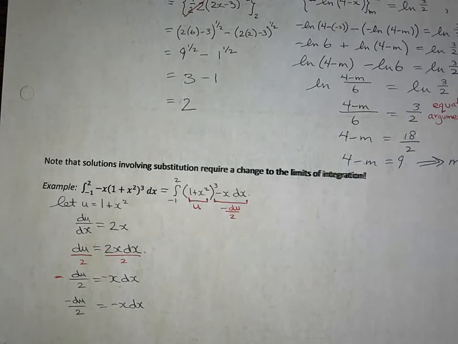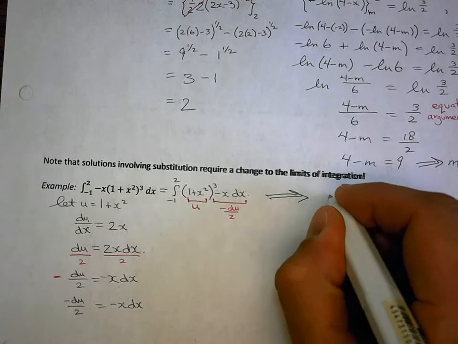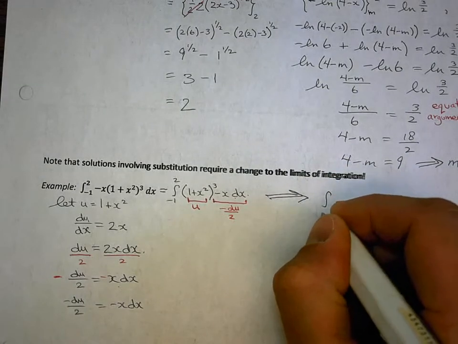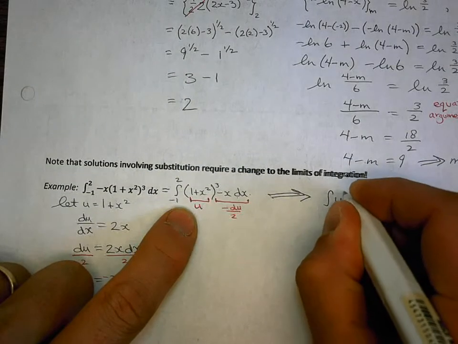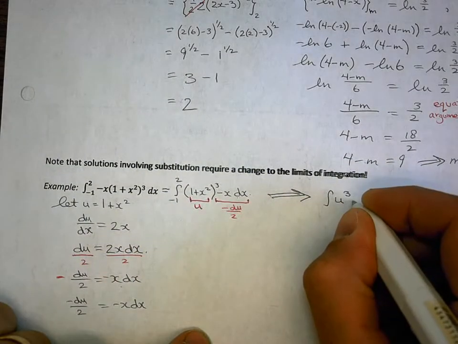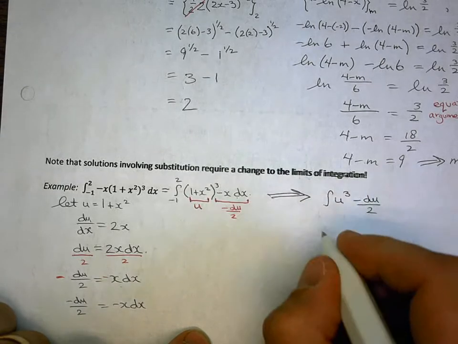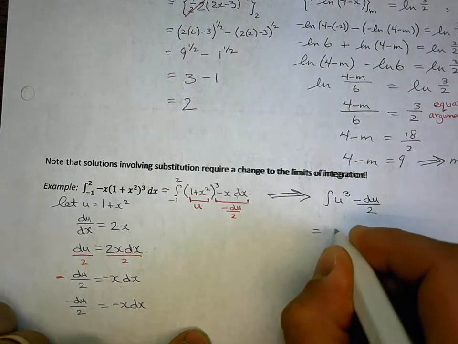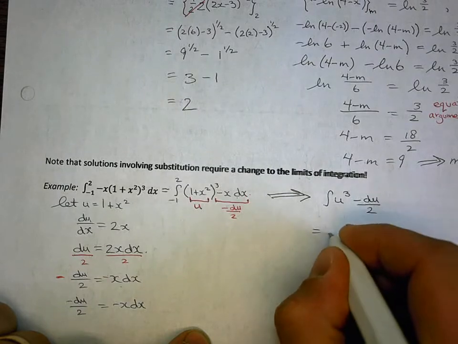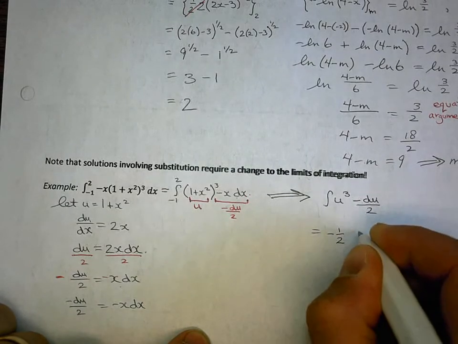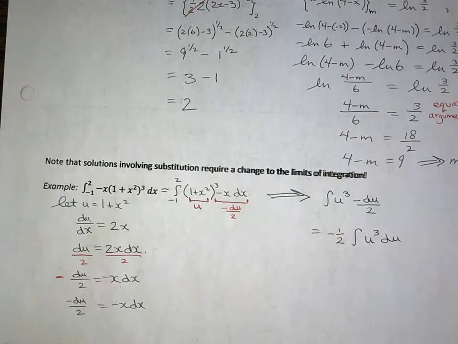So now I'm ready to solve. The integral is going to become u cubed, and this is going to become negative du over 2. Let me rewrite that as negative half, because that's a constant, integral of u cubed du.